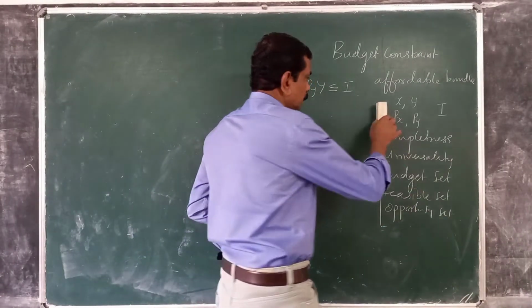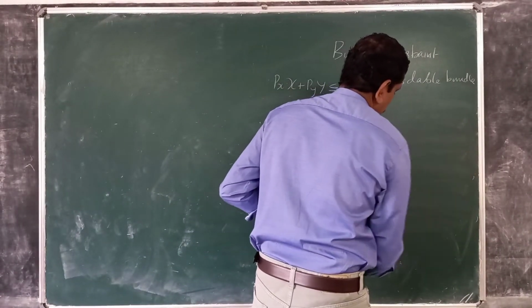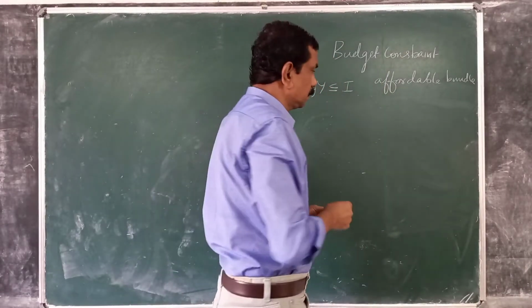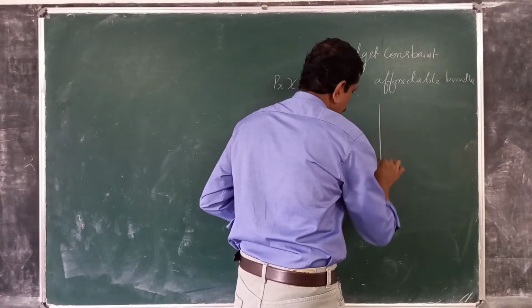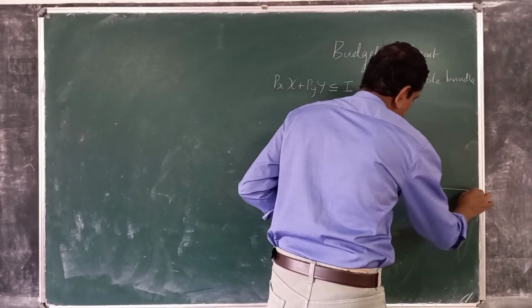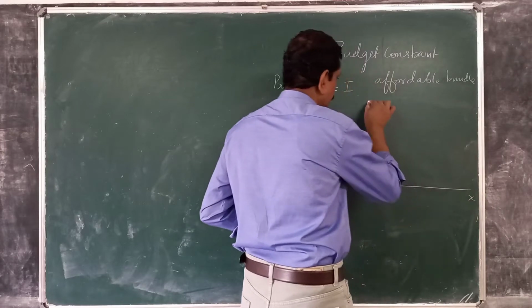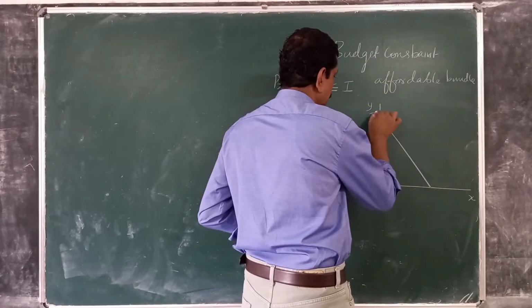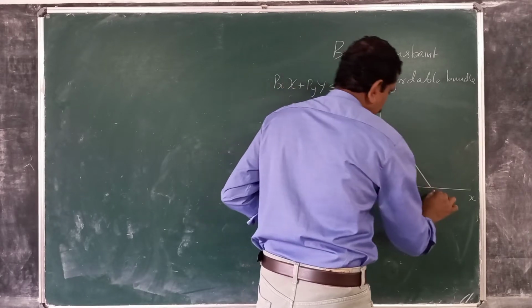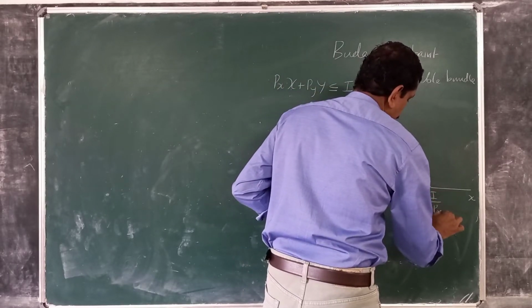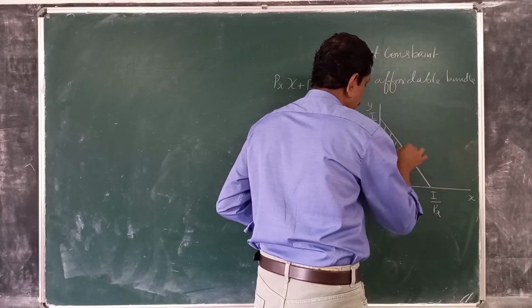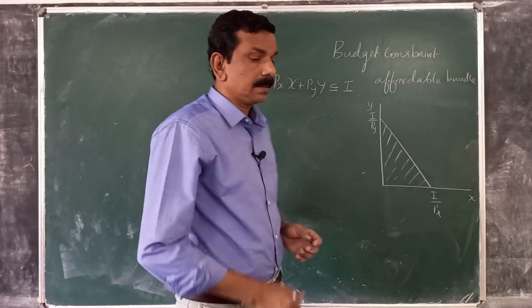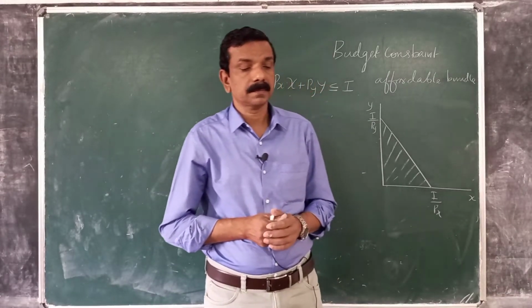Now, this budget set can be represented graphically on a two-dimensional plane like this, X, Y. Then this is I by Py, this is I by Px, and you consider the shaded area. This shaded area represents the budget set.